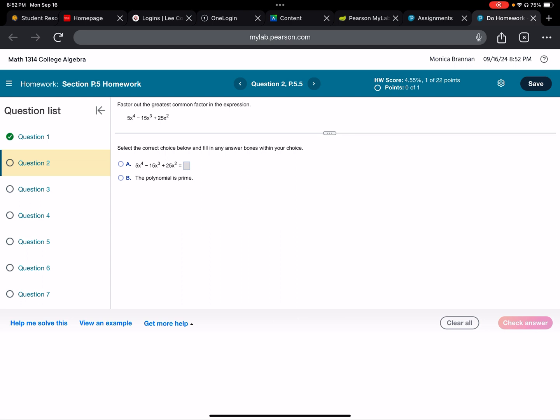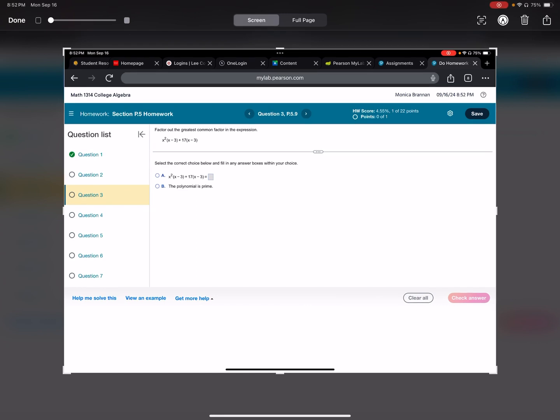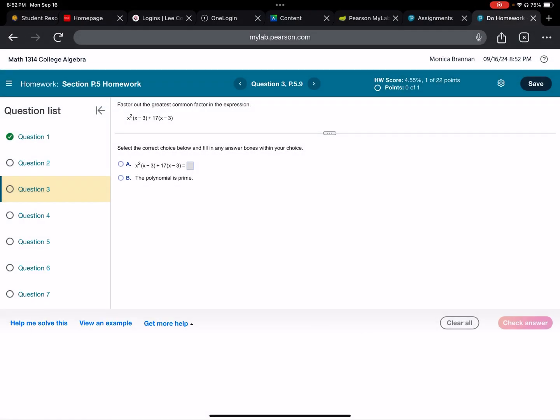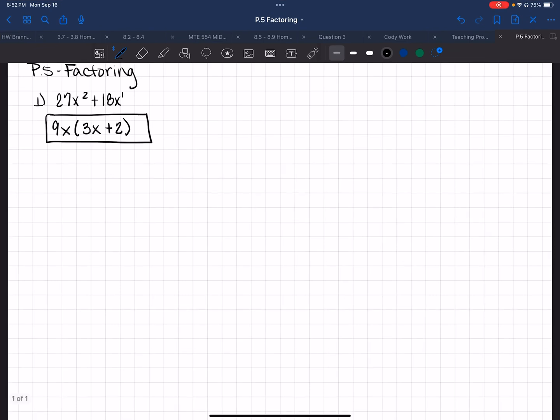Number two is going to be very similar to that. Let's see number three. Number three is a little different. Let's see if I just take a screenshot. Okay. Let's see, it might be easier just to go here.